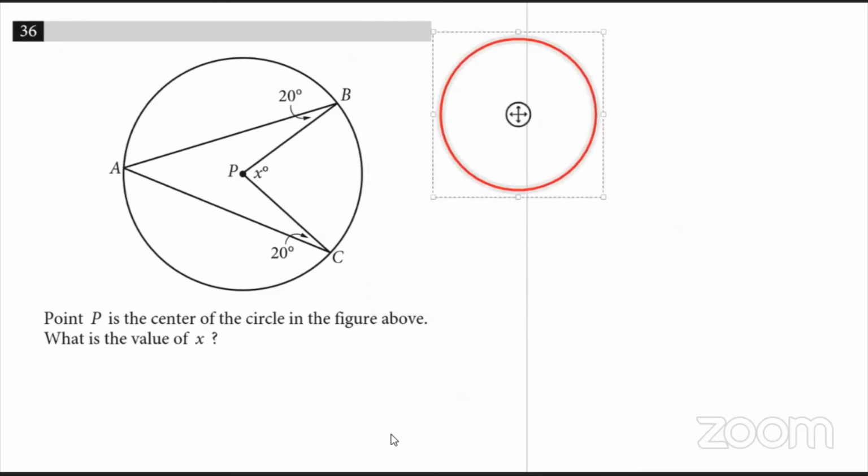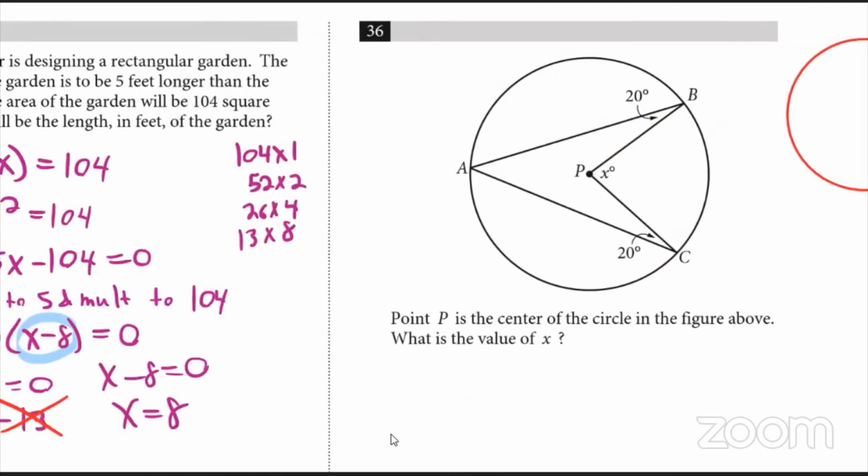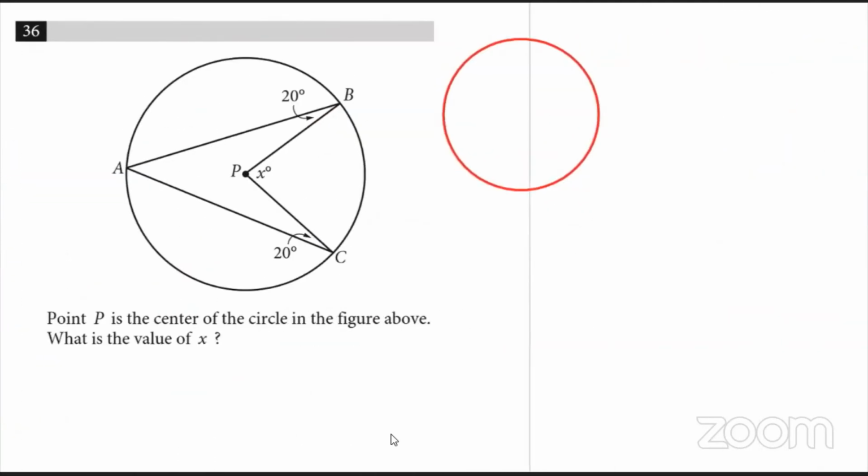So if I have a 20 right here, like we do, we're supposed to know that this arc here on the opposite side that's inscribed by the 20-degree angle is a 40-degree angle. So we can do that in our diagram.